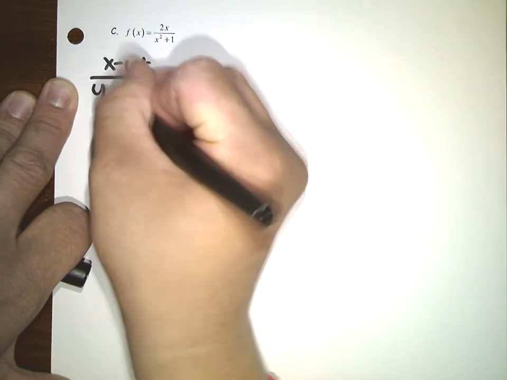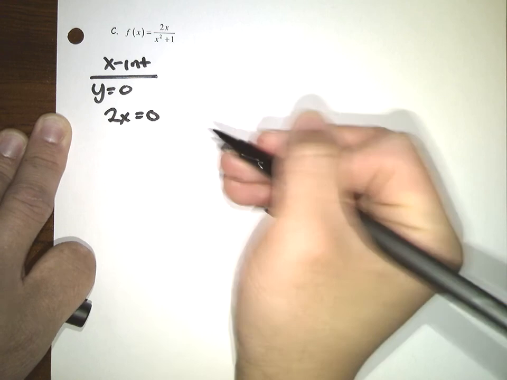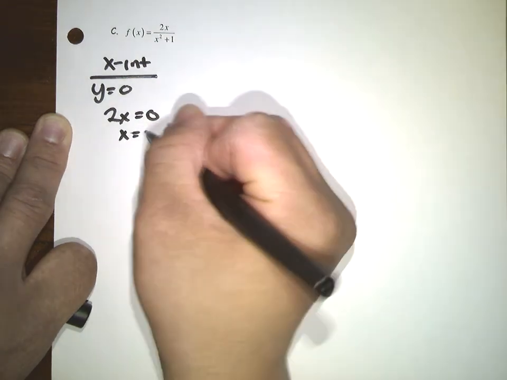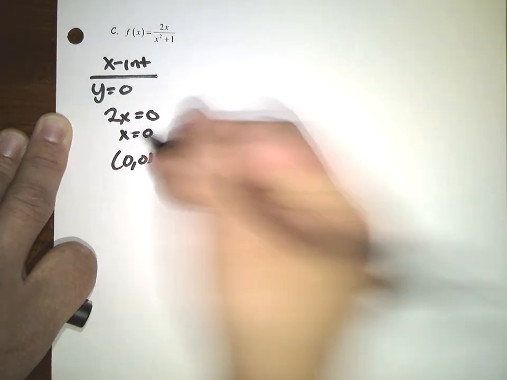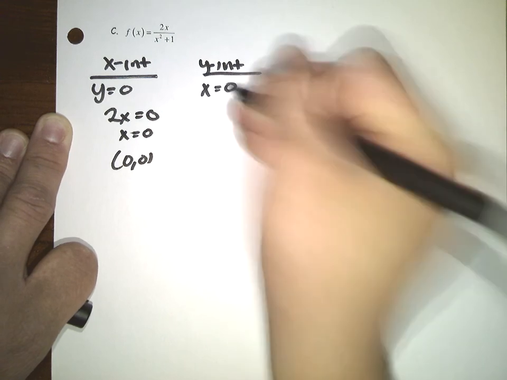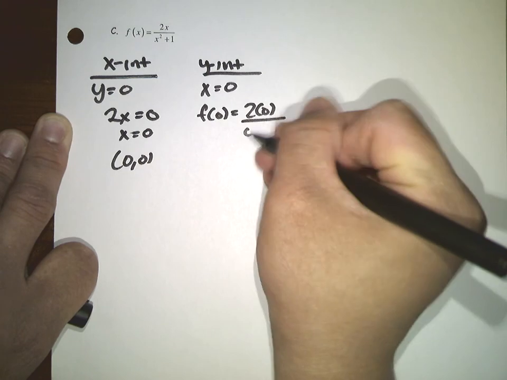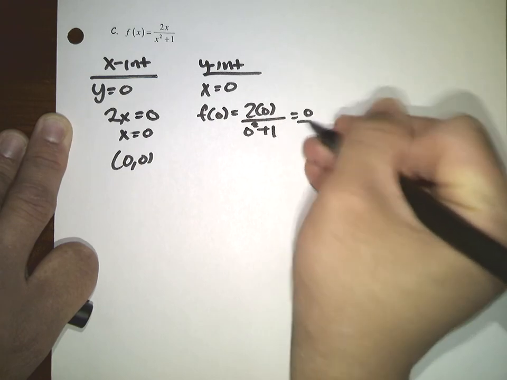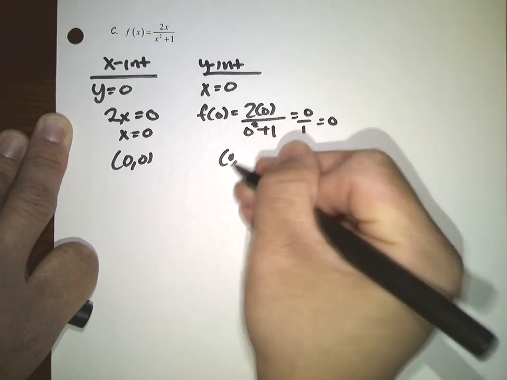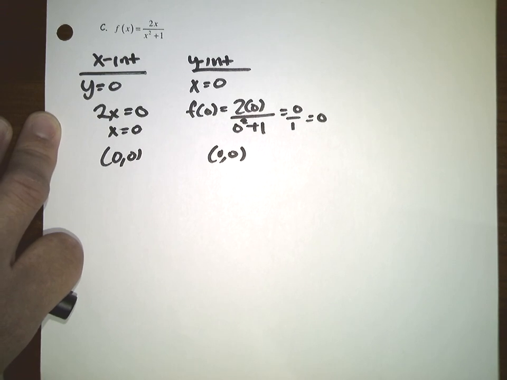I let y be 0, so 2x equals 0, the numerator equals 0, so x is 0, so (0, 0) is an intercept. Then for the y-intercept, I let x be 0, so f of 0 is 2 times 0 over 0 squared plus 1, that's 0 over 1, which is 0. So it's also (0, 0) for the y-intercept.